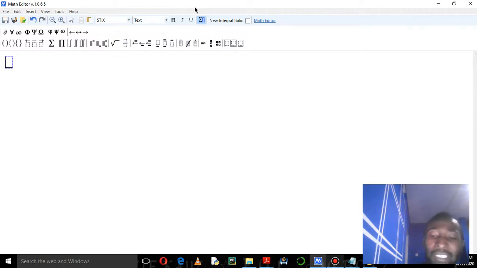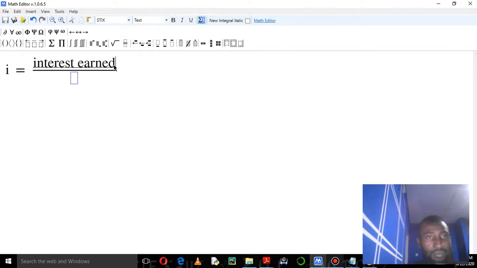The interest rate is denoted by small i, and this is equal to the interest earned all over the accumulated value at the beginning of the period, which is AV subscript t.